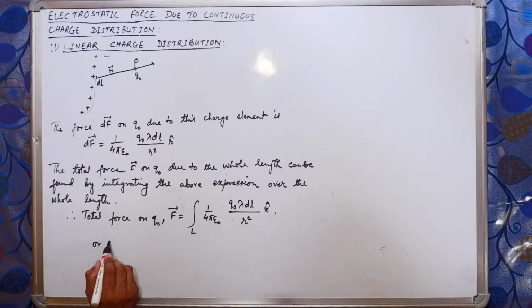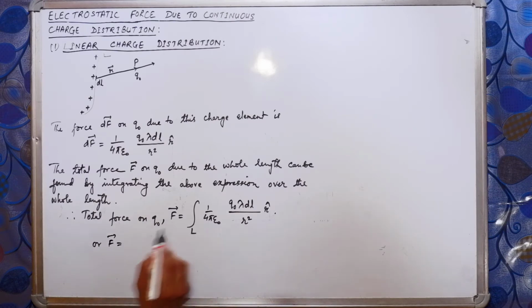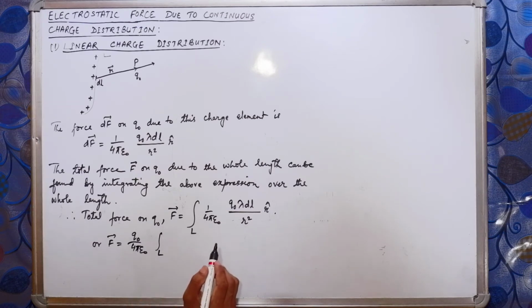Now I can write F equal to, Q naught is a constant and 4 pi epsilon naught also is a constant, so bring them out. What is left here is only the integration over the length L of lambda by r square r cap dl.